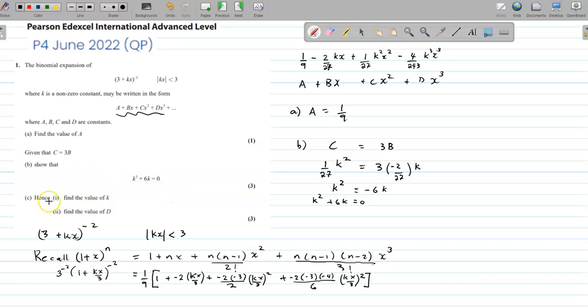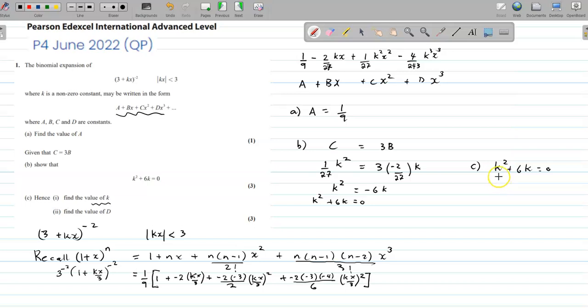Part c says hence find the value of k. So part c, if we have k squared plus 6k equals 0. Don't know why they say find the value of k, because it should be the values of k.